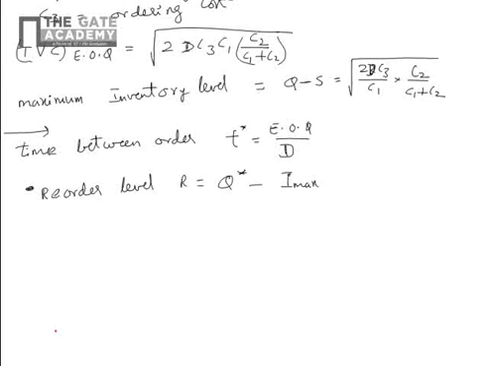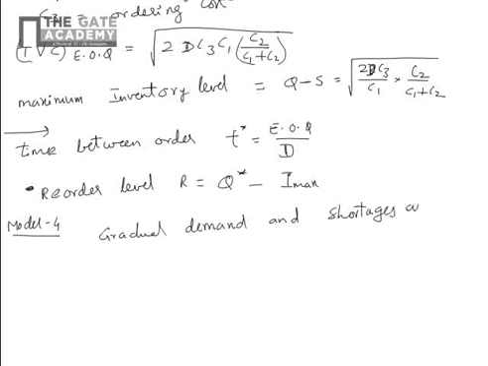If you consider shortages in the same way, model 4 is gradual demand and shortages are considered. Here the diagram is a combination of all three which we have discussed, whether the shortages or even gradual demand, both.